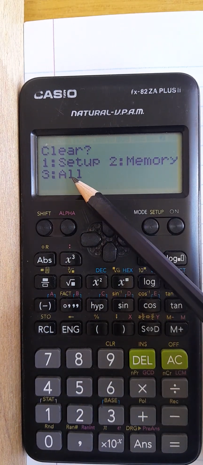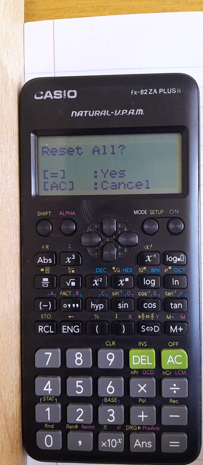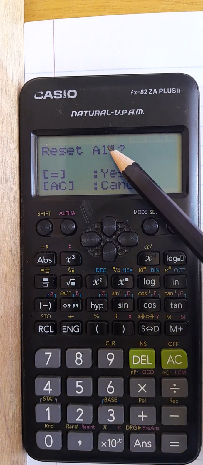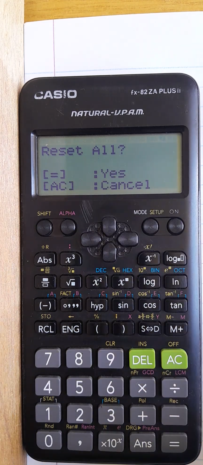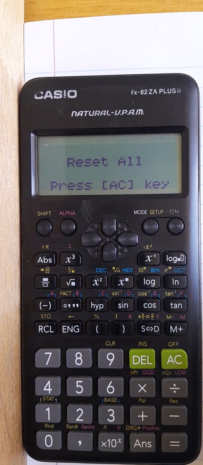So you want to set up, you want to clear everything. So you're going to press 3, which says all. When you're done, you can just say yes, using the equal sign. So you have reset your calculator. Now it's clean. You are ready to go to your exam, guys.